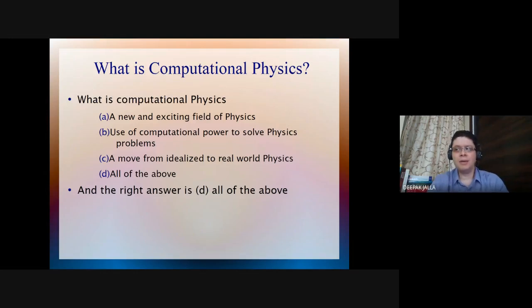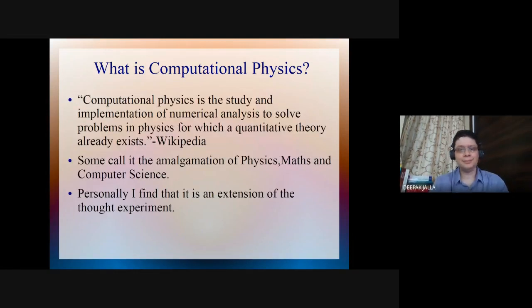Because if it was simply using computers to solve physics problems, it would be nothing more than theoretical physics. It would not be its own standalone branch of physics as it is today, because then it is just theoretical physics input into the computer. So what it is, I will explain in the following slides.